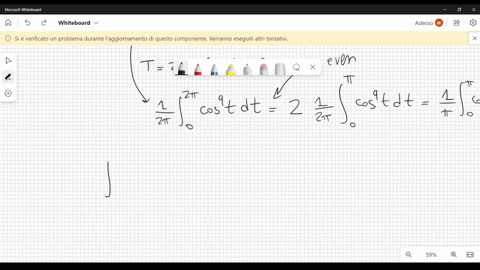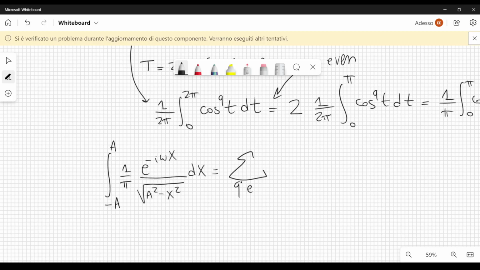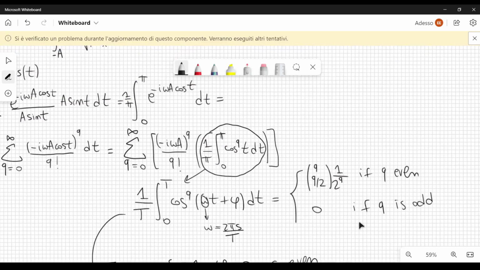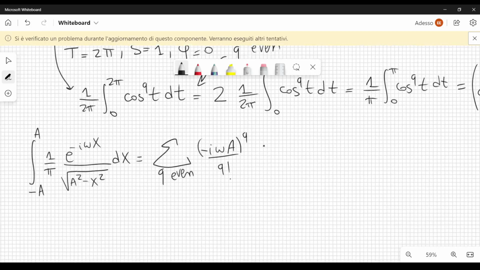We started from the integral from minus a to a, 1 over pi e to the minus I omega x divided by the square root of a squared minus x squared dx, and this is equal to, now we have to sum over the even q's, so let me write q even like this, and then I have minus I omega a to the power q over q factorial, and then here I have to simply substitute what we found for the integral, which is just the binomial coefficient q choose q halves times 1 over 2 to the power q.